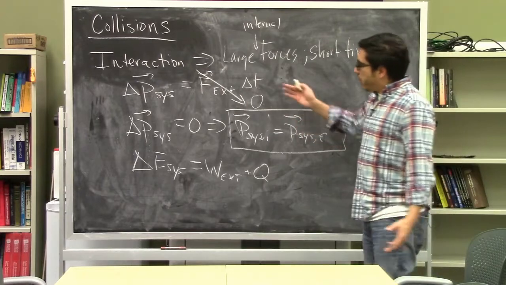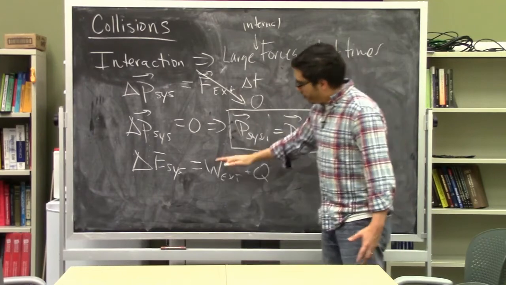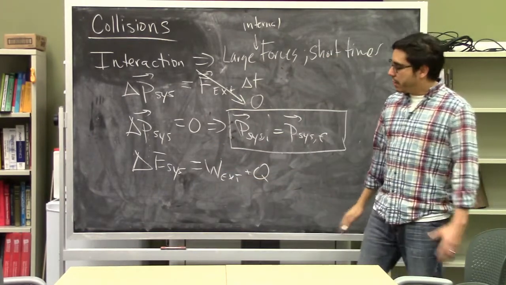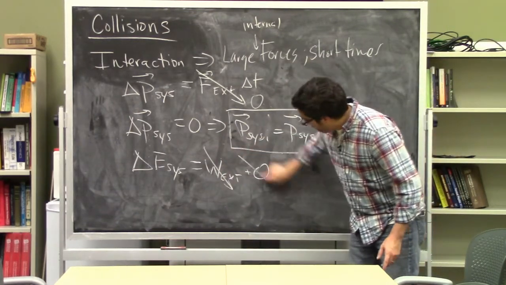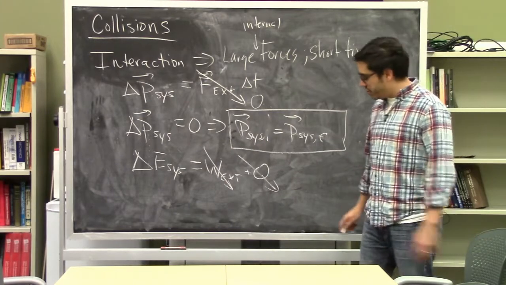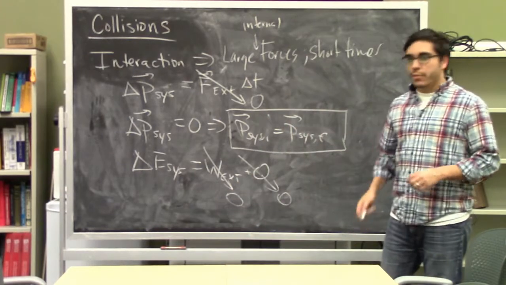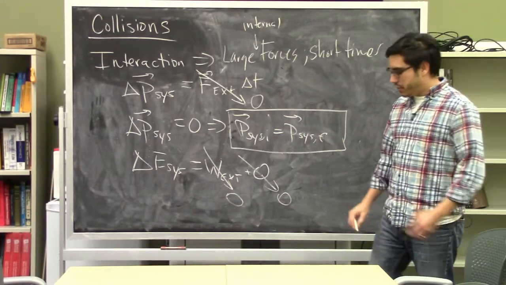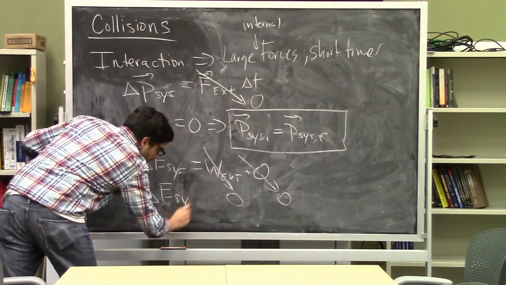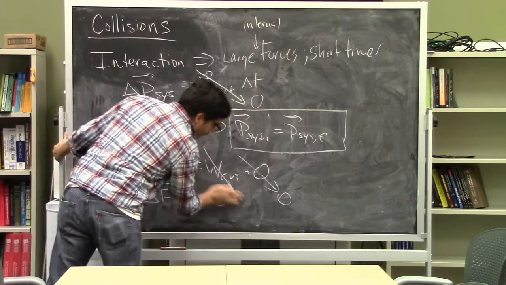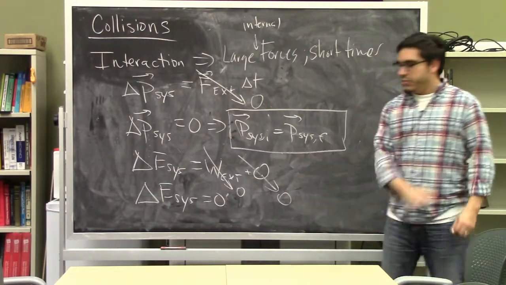In a similar argument to that for momentum, the external interactions are small compared to the internal ones, so we're going to neglect both the work done and the thermal energy changes as a result of exchanges with the surroundings over the course of the collision. And so we're going to say that the system conserves its energy, as a result of being able to neglect these more external bits.